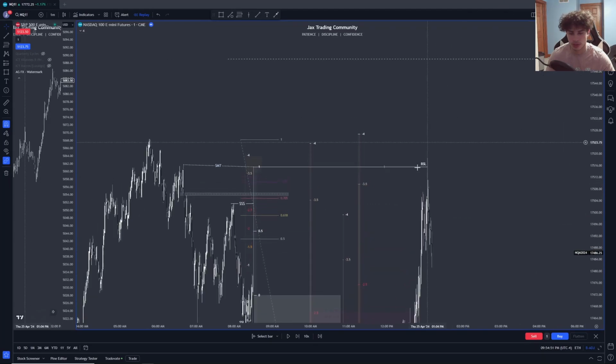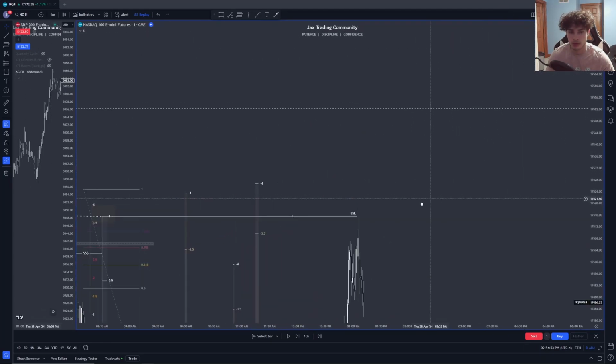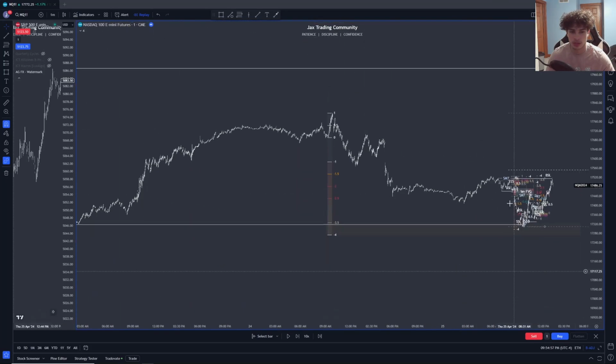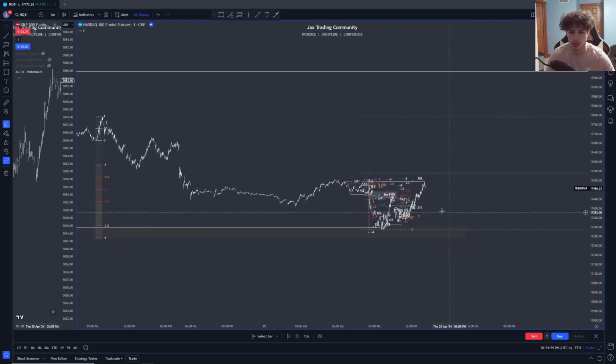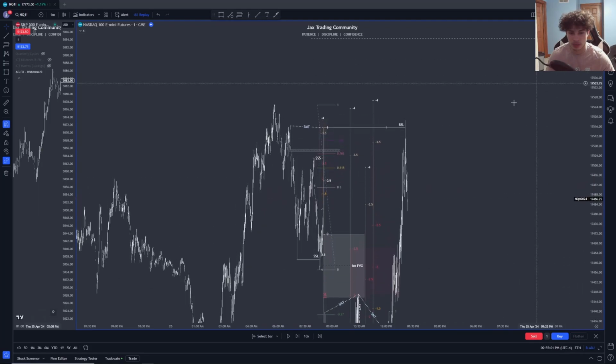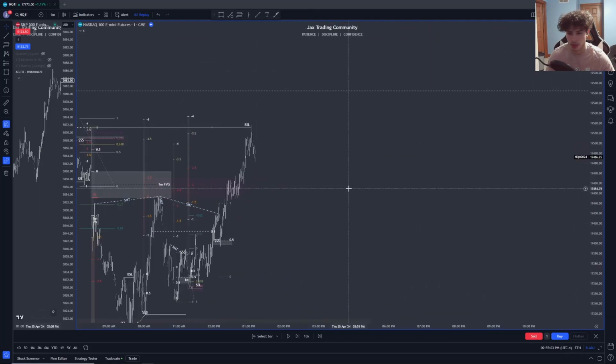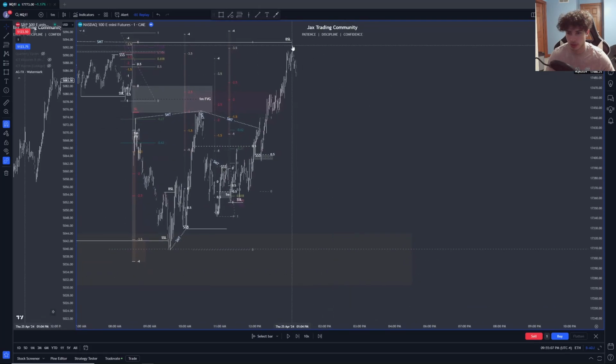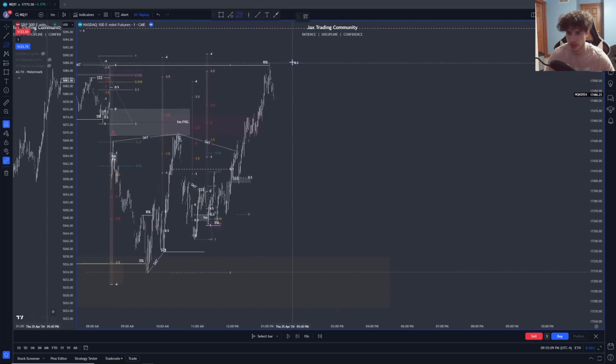So I also want to see, if we were to head lower, which I want to see us head back up to here, because on this entire external model, that is what I would like to see. So what we possibly could do from here is either just run up to premium of the range, or we come back down to discount of this entire range.